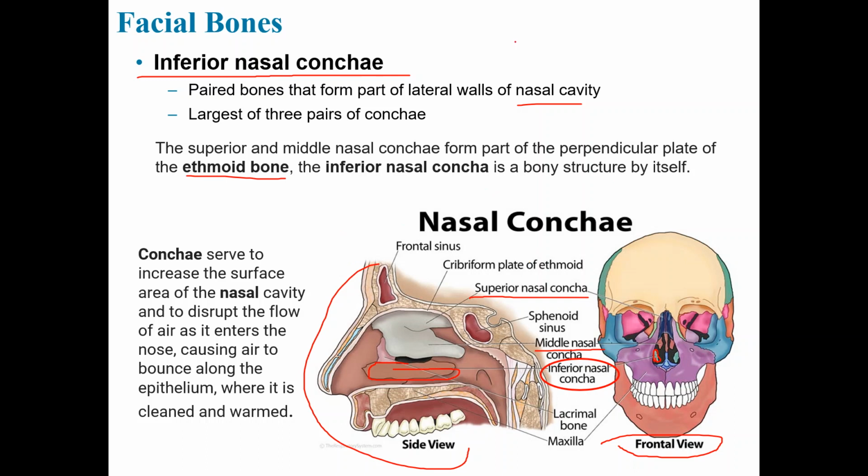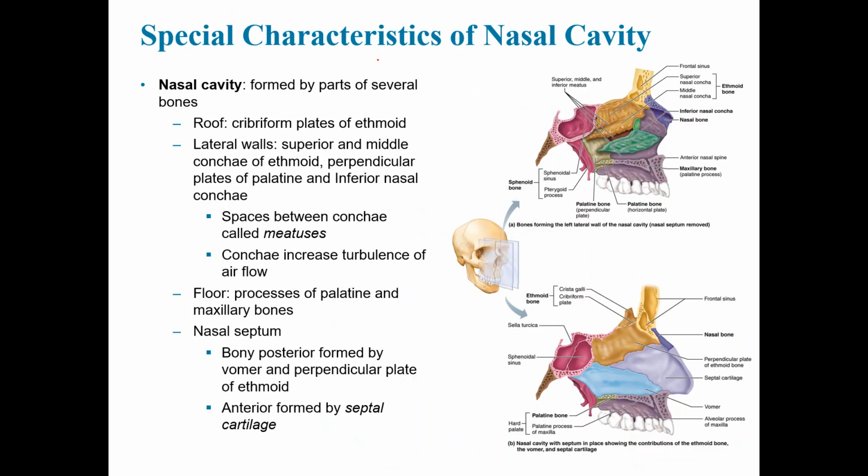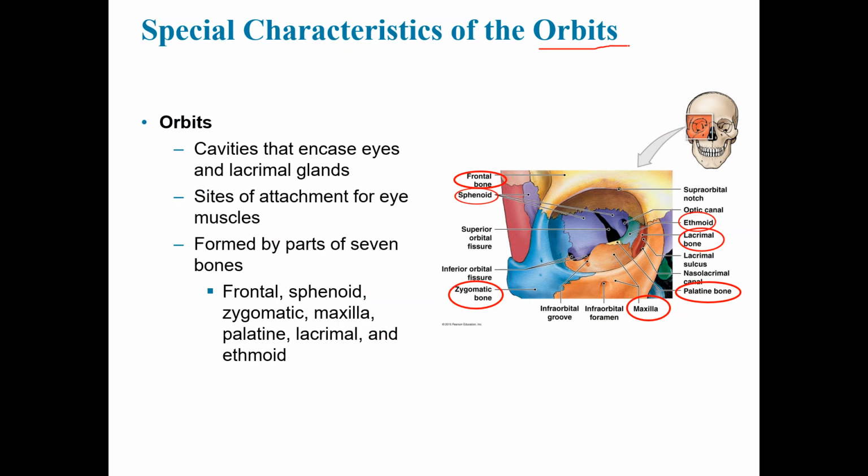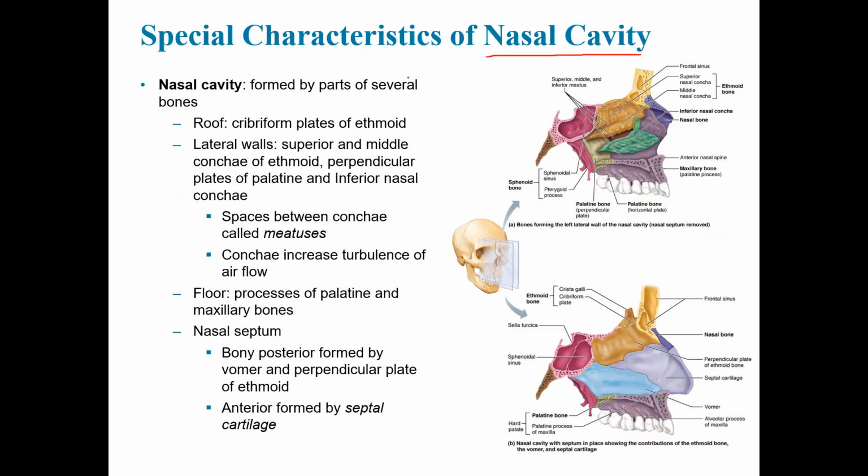All right, so now, and this was the last one that we talked about, we're going to look at special characteristics of the nasal cavity as well as the orbits, okay? We're going to understand which bones contribute to the several aspects of the nasal cavity.